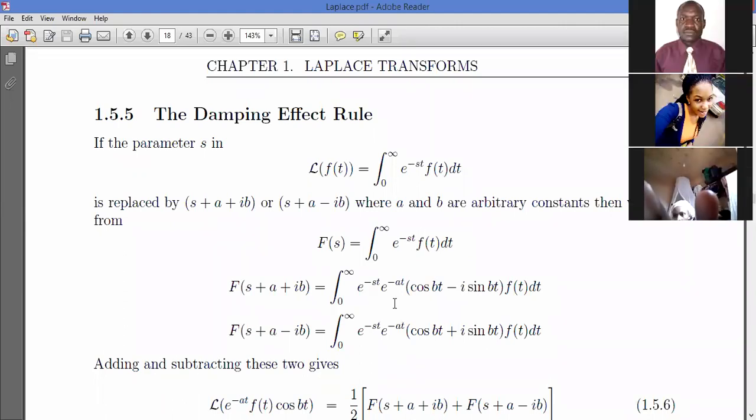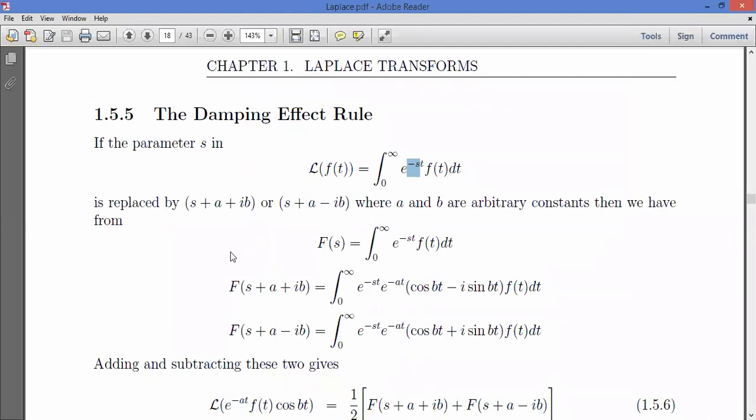Here, when you talk of damping, we are just looking at that S there, and then we replace it, we bring in some complex term here with the real and the imaginary parts, where A and B, we are calling them arbitrary constants. Of course, these constants can be defined depending on the actual problem or phenomena you're trying to unpack.